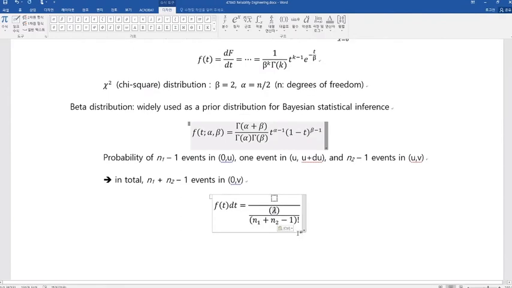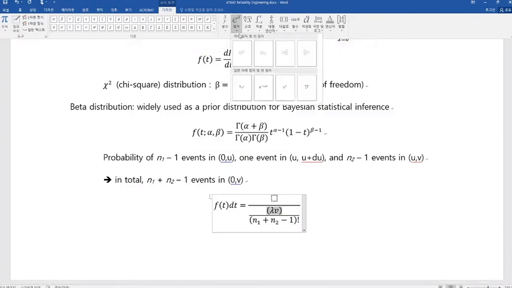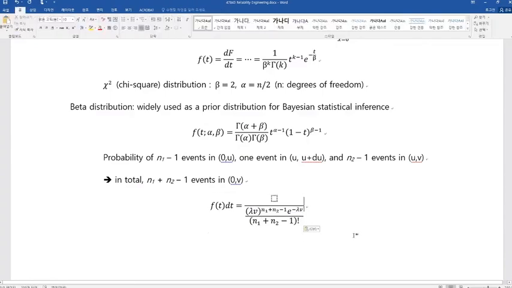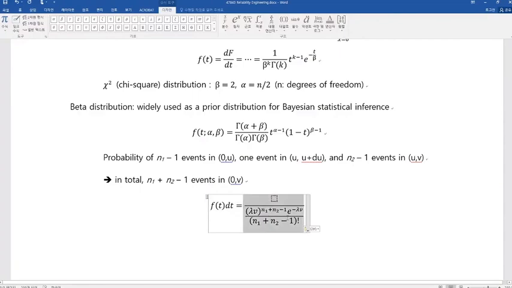Lambda would be the rate and the time duration would be v, so this would be lambda v to the power of the number of occurrences, multiplied with exponential minus lambda v. This would be the denominator.